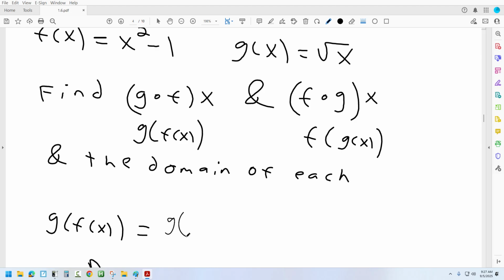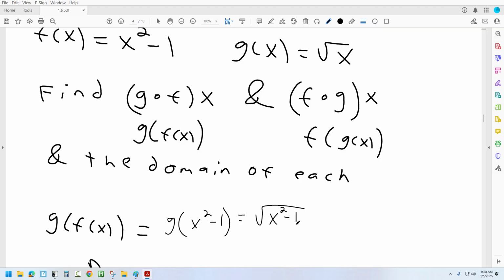Okay, so we've got g of, and then look up the formula for your inside function. Now, replace the variable in function g with x squared minus 1. That's the composition, the square root of x squared minus 1. Now I want the domain. Two steps to finding the domain.